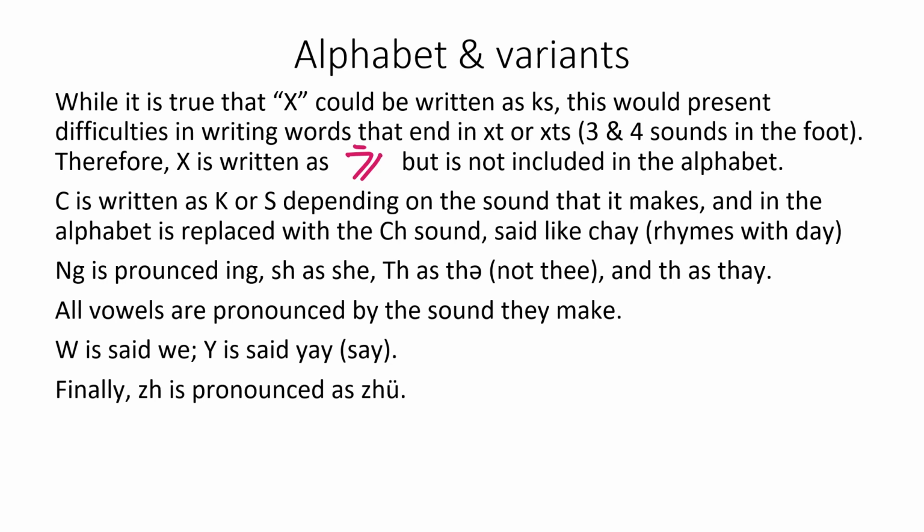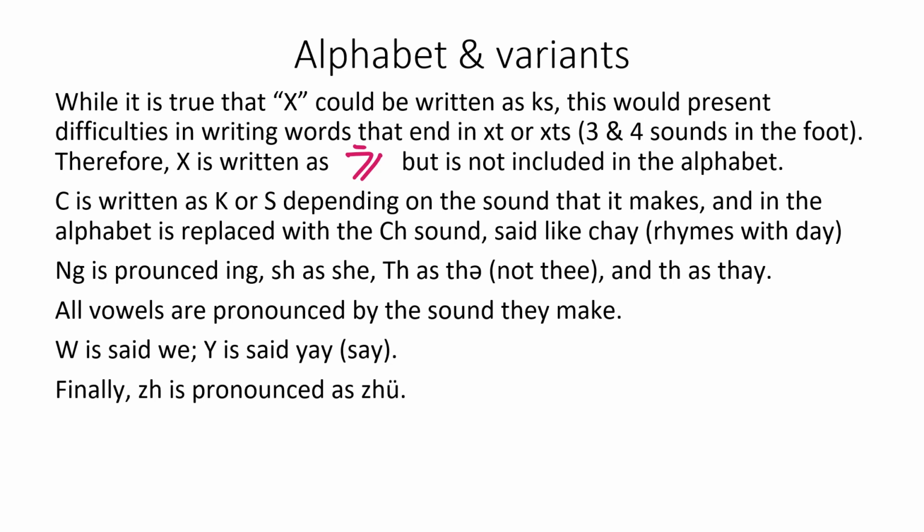The C in English is the S sound or K sound, depending on which one it makes for that word. We replace this with the CH sound, said like che. NG is pronounced ing, SH, she.